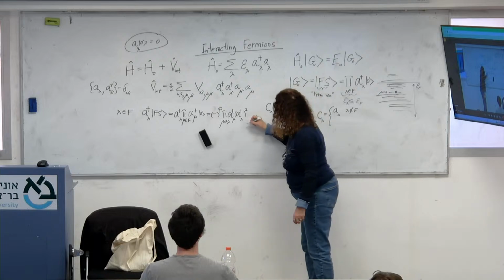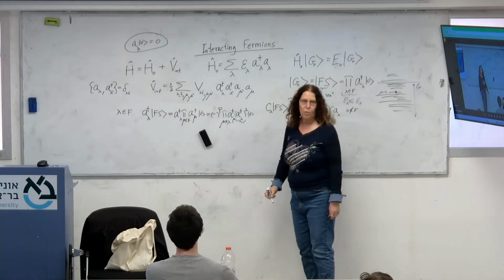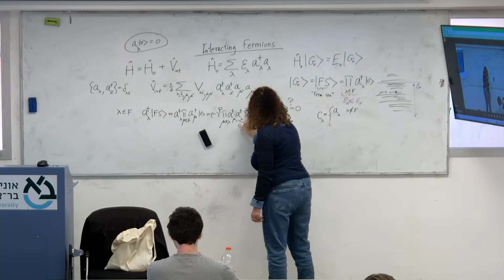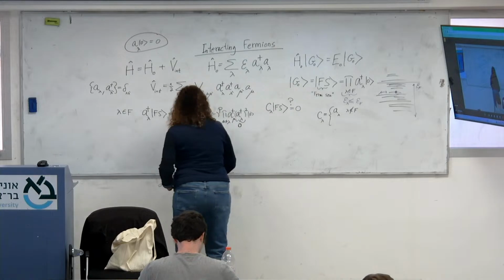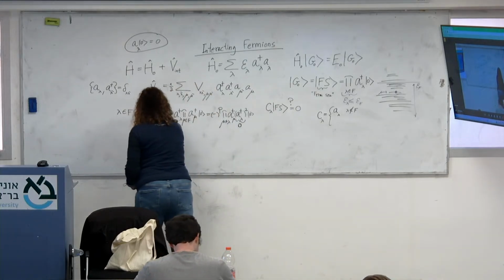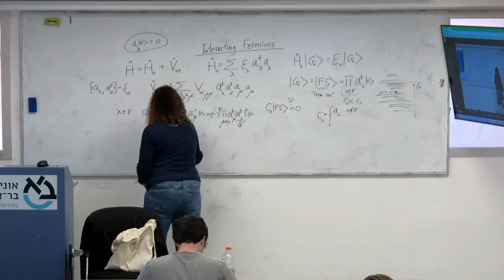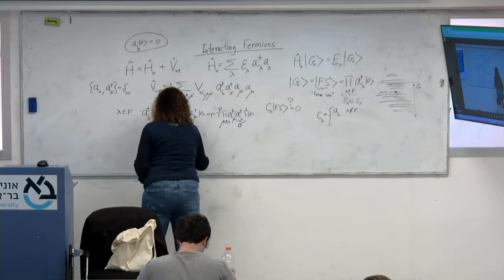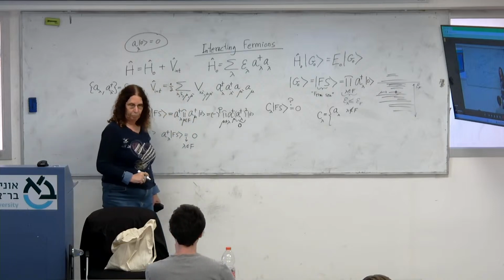And this, of course, acts on the vacuum. But what is this? This is zero because they are fermions. Okay? So this is the identically zero operator, and therefore I'm concluding that a lambda dagger acting on Fs, for lambda that belongs to F, is also an annihilation operator.